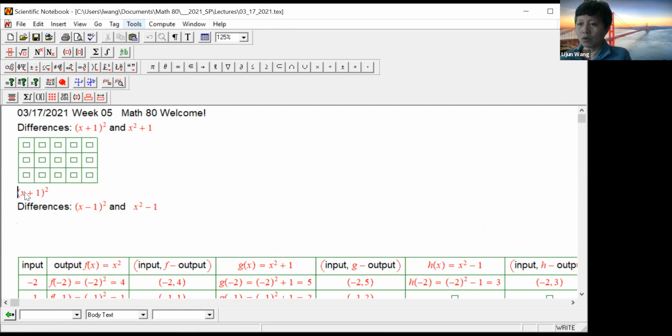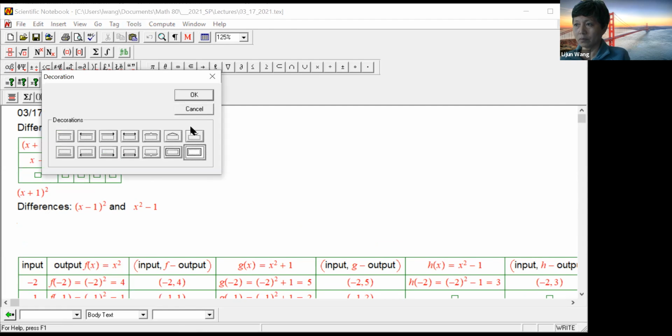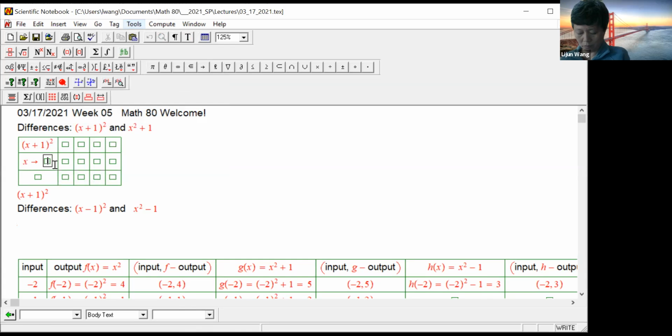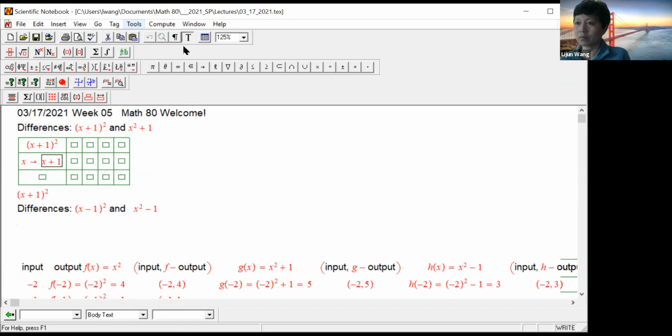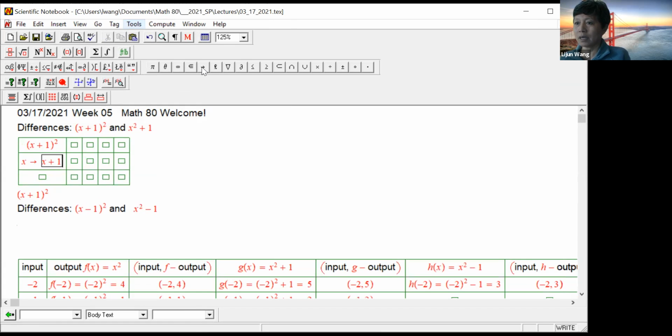For x plus 1 squared, what it means is that you still have that input, and that input, add 1. The consequence of that x plus 1 is given to this other function and made squared.